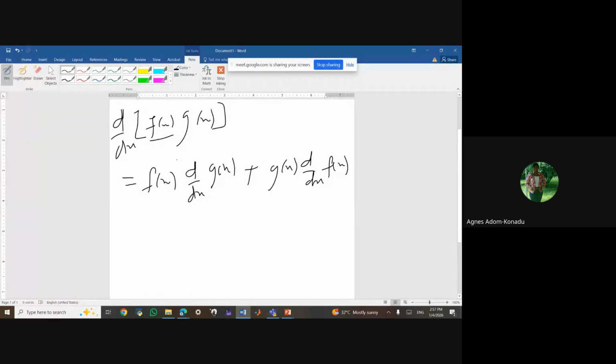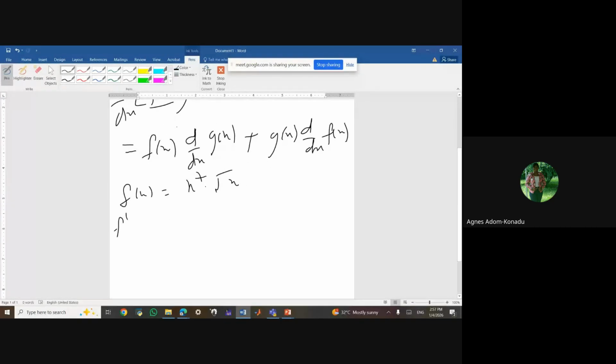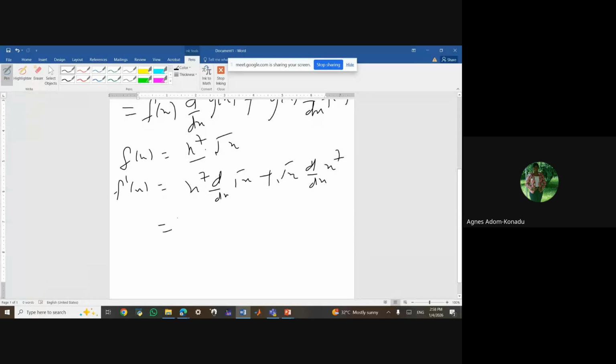So for example, if I have the function f of x equal to x to the power 7 times root x, you know that x to the power 7 is differentiable and root x is also differentiable. So by the product rule, my f prime of x will be equal to, I keep x to the power 7, then differentiate root x, which is 1 over 2 root x.